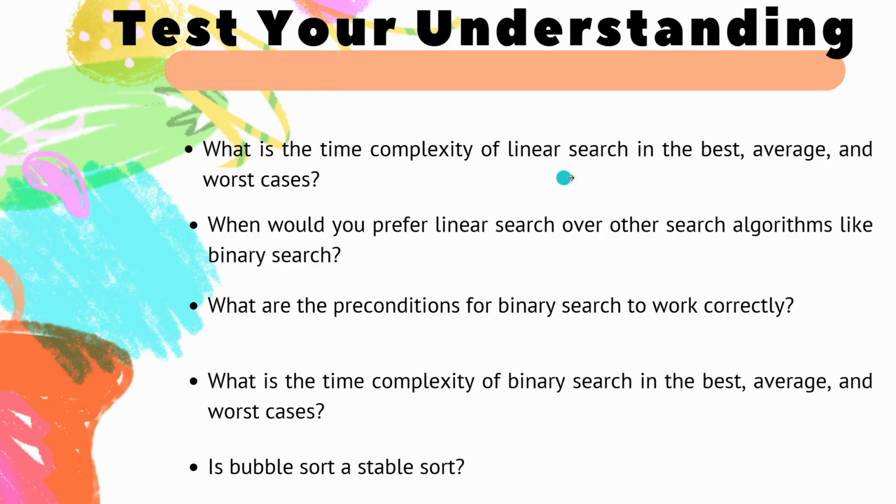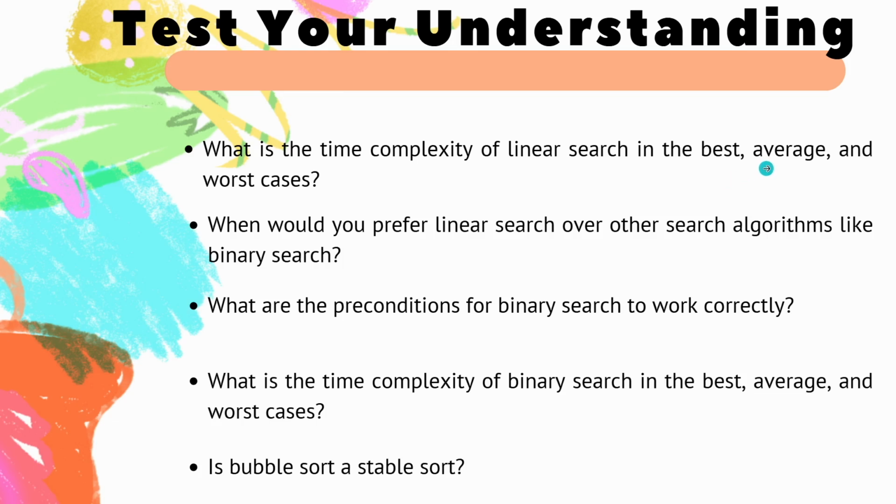First, what is the time complexity of linear search in the best, average and worst cases? In a linear search, given a target element, we have to scan from beginning till end. The best case would be that we find the target element at the first position in the array. In that case our complexity would be order of 1.